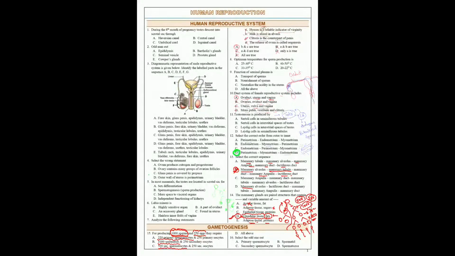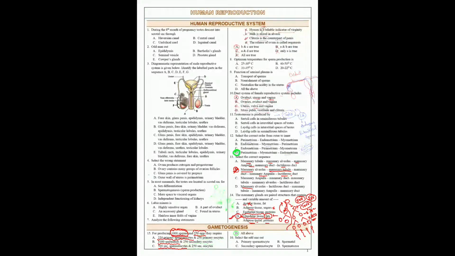So 250 primary oocyte should be the correct answer. 250 secondary oocyte is also correct, but this is also a part of primary oocyte, one egg. So all the above is the correct answer. And this one question took this much amount of time just to explain, not because it is complicated. It is very easy. Chalo.